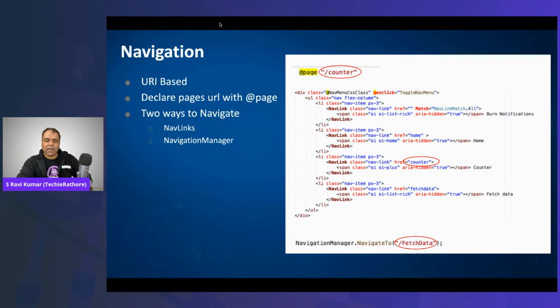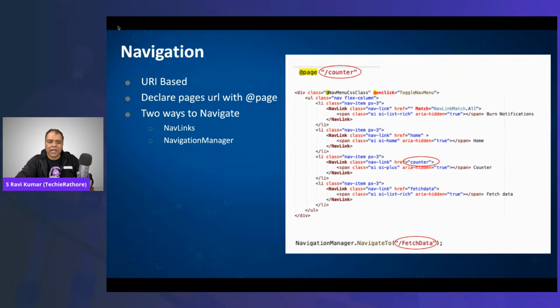Apart from that, you can see how navigation happens in Blazor: it uses URIs. So URI-based navigation is there in Blazor. Every screen you create is a component, unless and until you add the page directive to it.